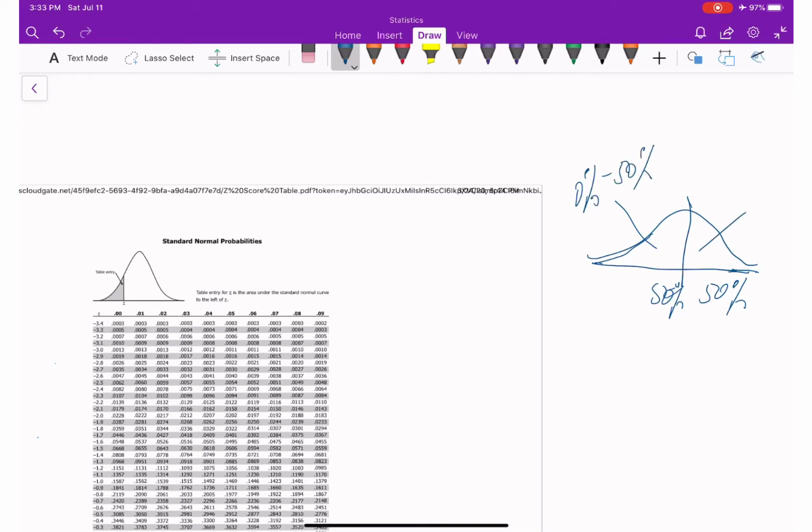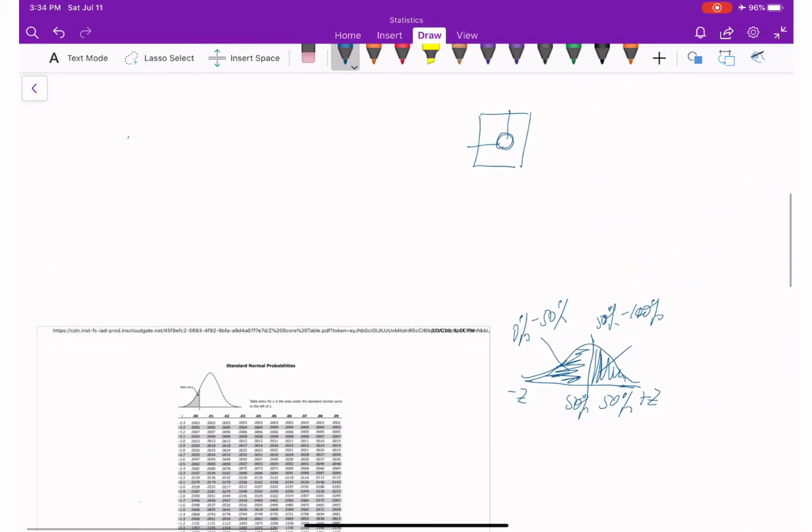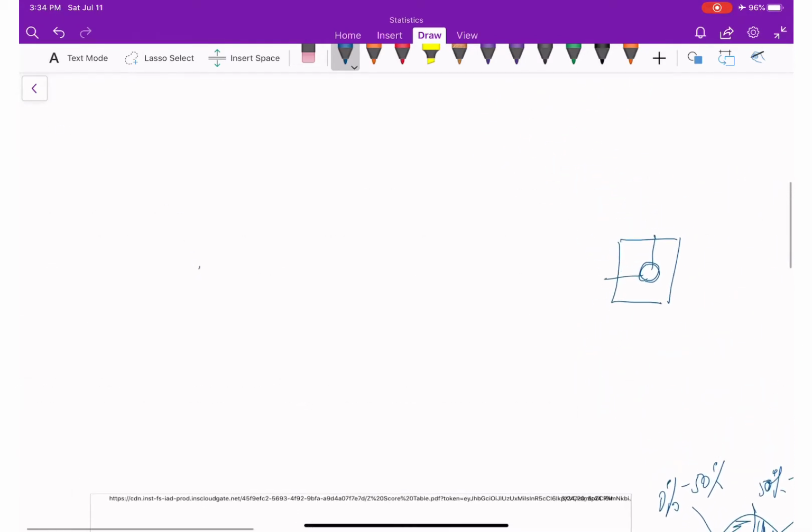This area is going to be from 50% through 100%. Therefore, the low area below 50% will be served by negative z-score, and the higher area is going to be served by positive z-score. Okay, all right, so let's start working.